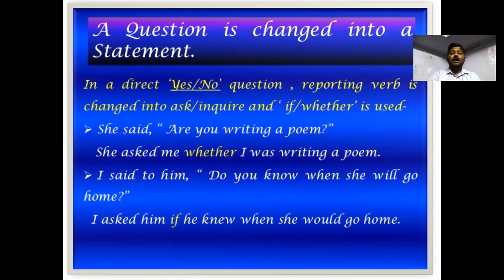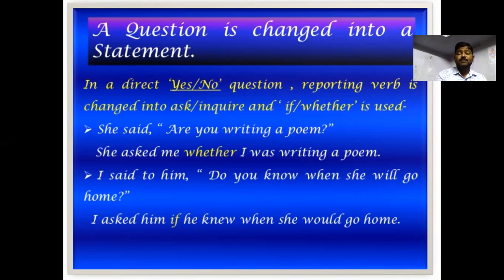She said, "Are you writing a poem?" She asked me if I was writing a poem. Otherwise you can go with "whether I was writing a poem or not." This is what we can say of yes or no type questions.